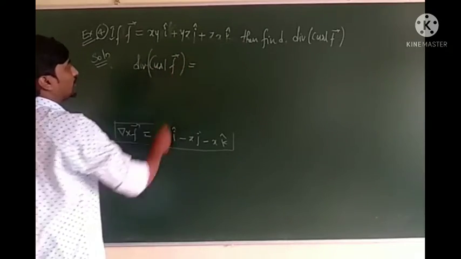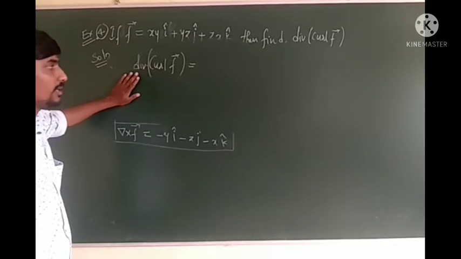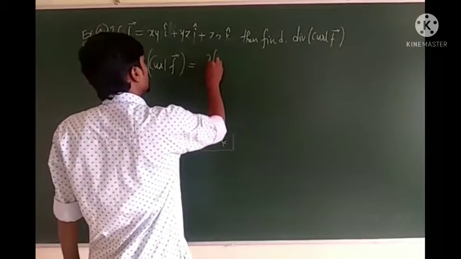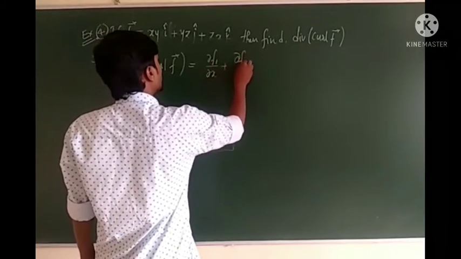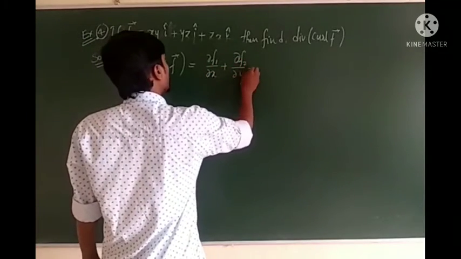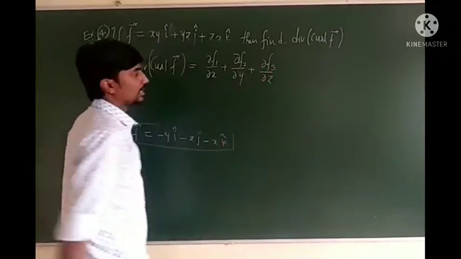Basically we know the definition of the divergence of a vector: it will become dou f1 divided by dou x plus dou f2 divided by dou y plus dou f3 divided by dou z.